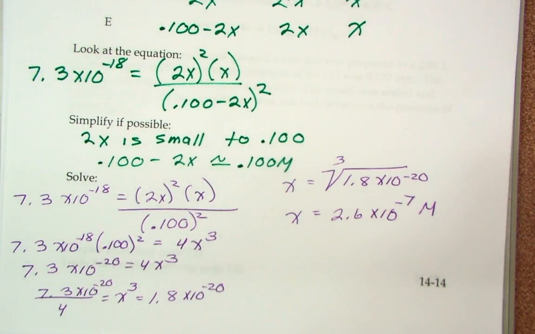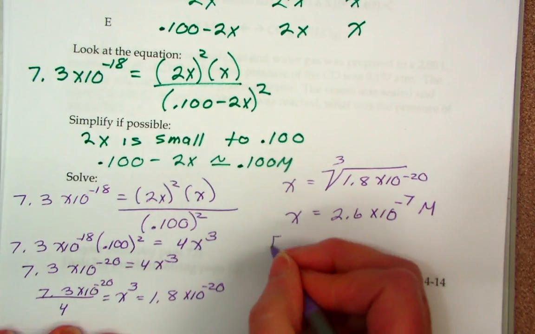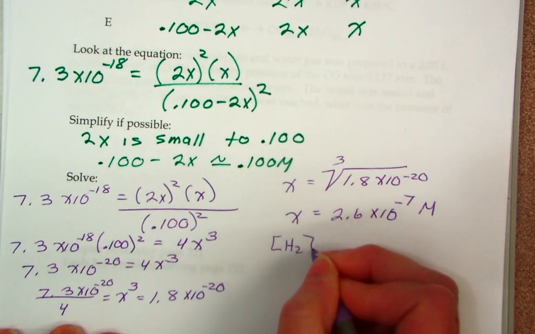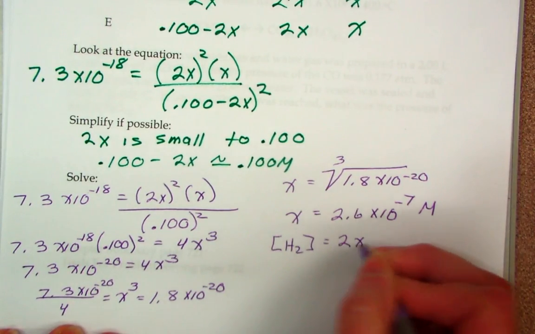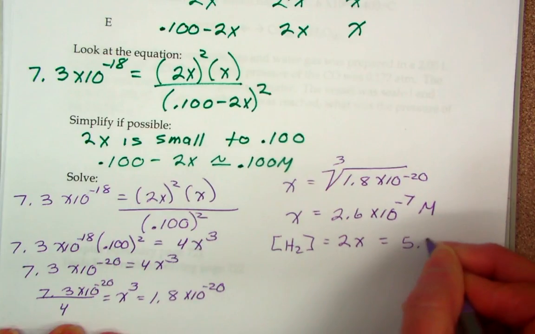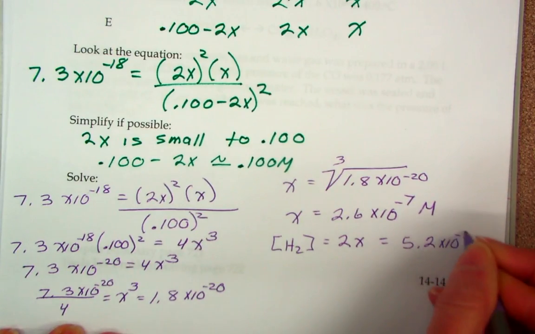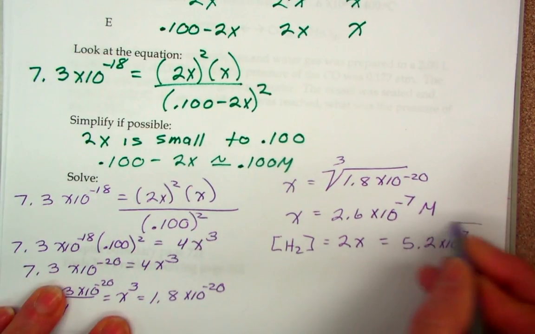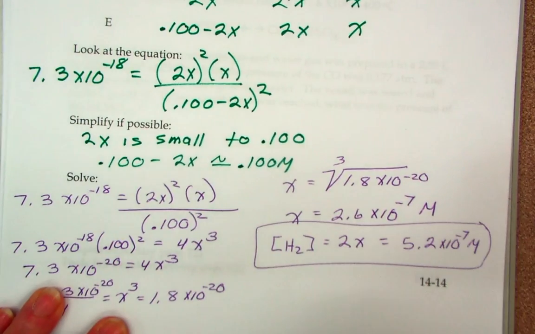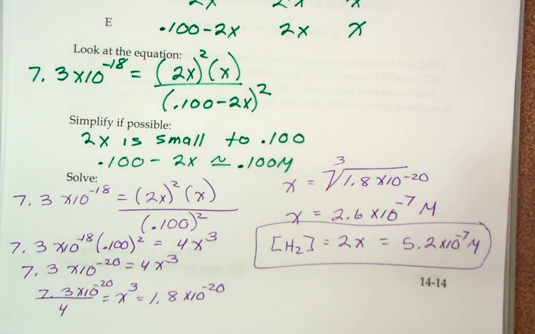So, what's the hydrogen concentration at equilibrium? Well, the hydrogen concentration is equal to 2x, so that's equal to 5.2 times 10 to the negative 7th molar. So make sure you go back and answer the question. Now let's go back and check, was our assumption okay?